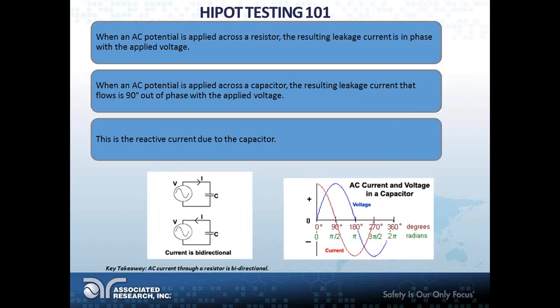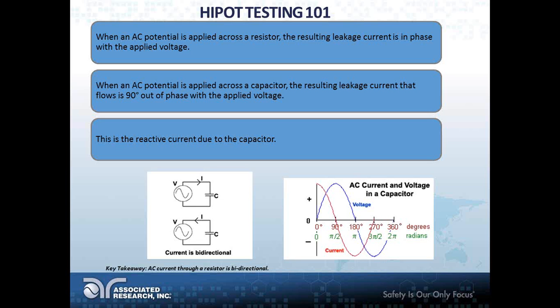Compare that with an AC potential. If we apply an AC potential through a resistor, the resulting leakage current is in phase with the applied voltage. But when an AC potential is applied across a capacitor, the resulting leakage current acts a little funny.